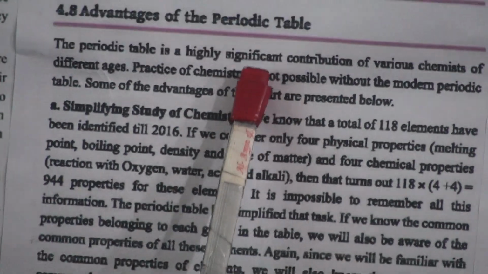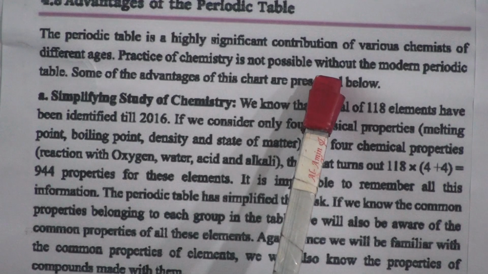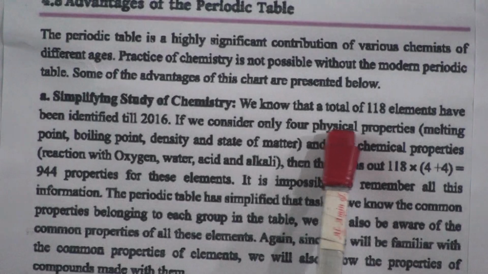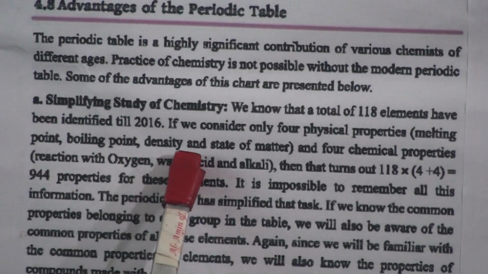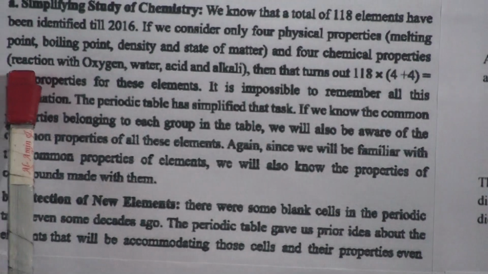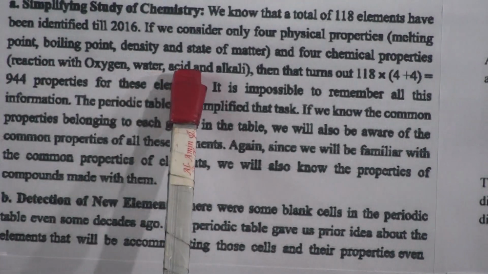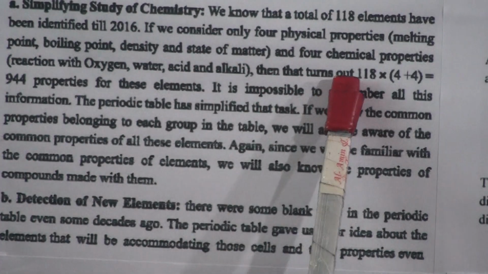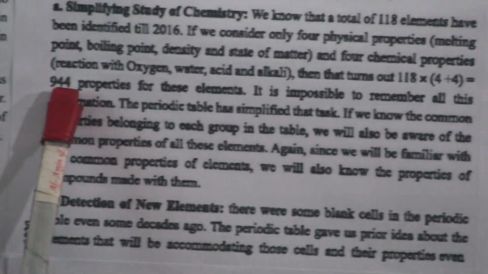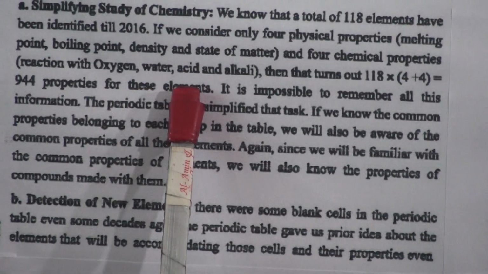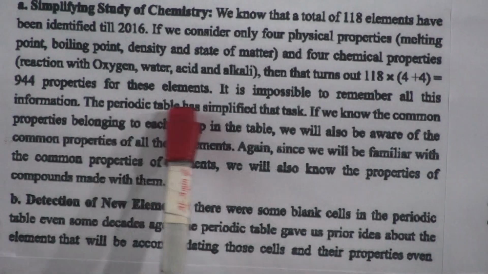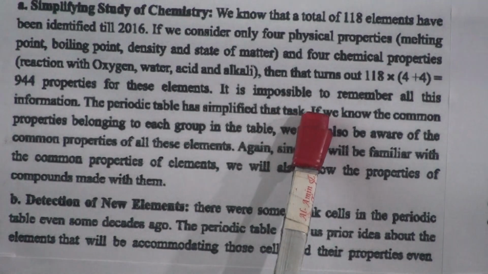If we consider only 4 physical properties, melting point, boiling point, density and state of matter, and 4 chemical properties, that means reaction with oxygen, water, acid and alkali, then that turns into 118 multiplied by 4 plus 4, which is equal to 944 properties for these elements, and it is impossible to remember all this information. The periodic table has simplified that task.